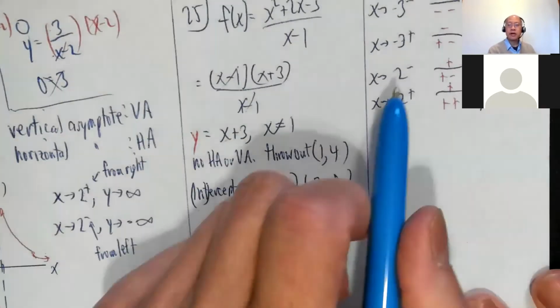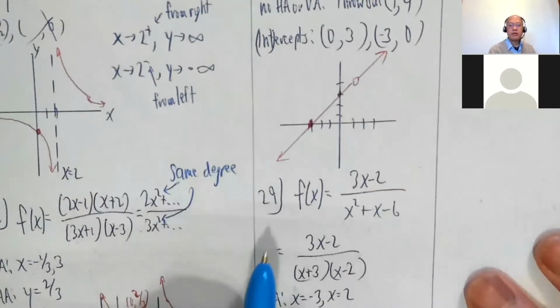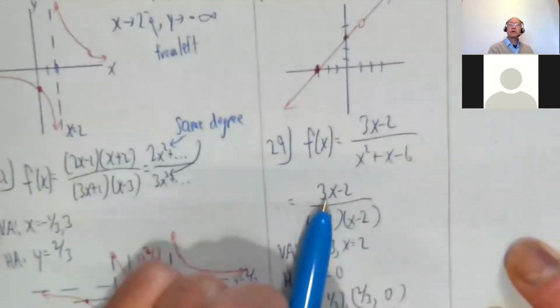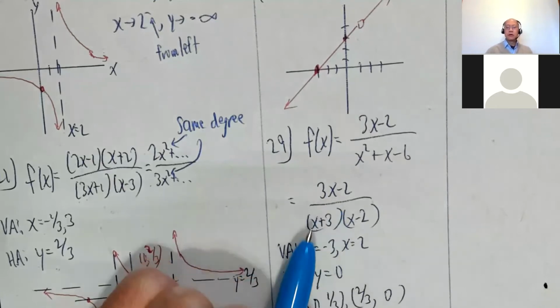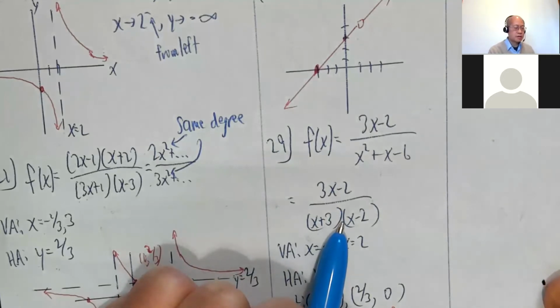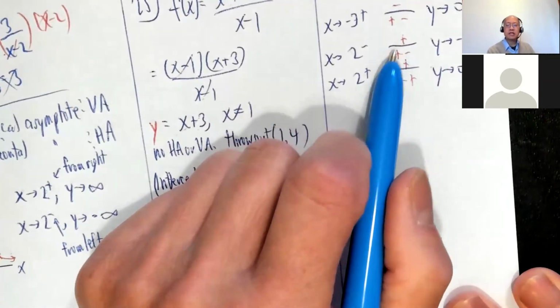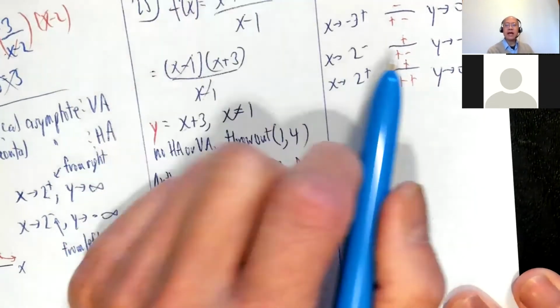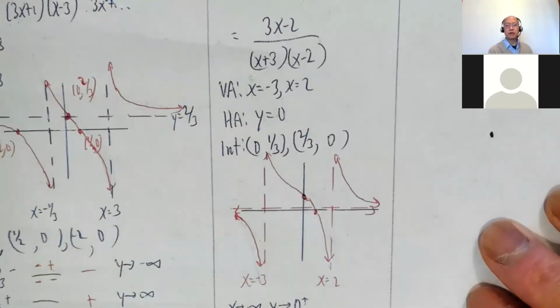Okay, 1.9 positive, positive, negative. Let's double check. 3 times 1.9 is 5.7. It's positive. 1.9 plus 3 positive. 1.9 minus 2, that's negative. So positive divided by positive times a negative, negative. So y does indeed approach negative infinity. And there we go.